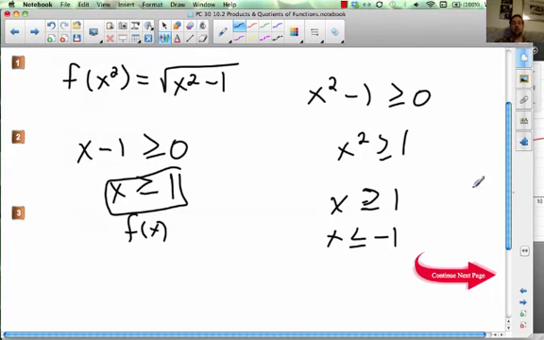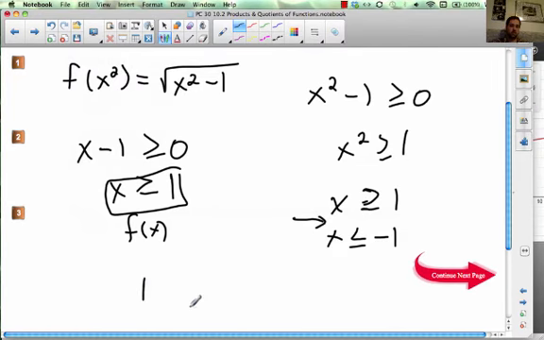And again, that's allowed. Let's try a value in between these two. So let's say 0. If x is 0, 0 squared is 0, minus 1 is -1, and now we're trying to take the root of a negative number. So nothing in between these two values works.